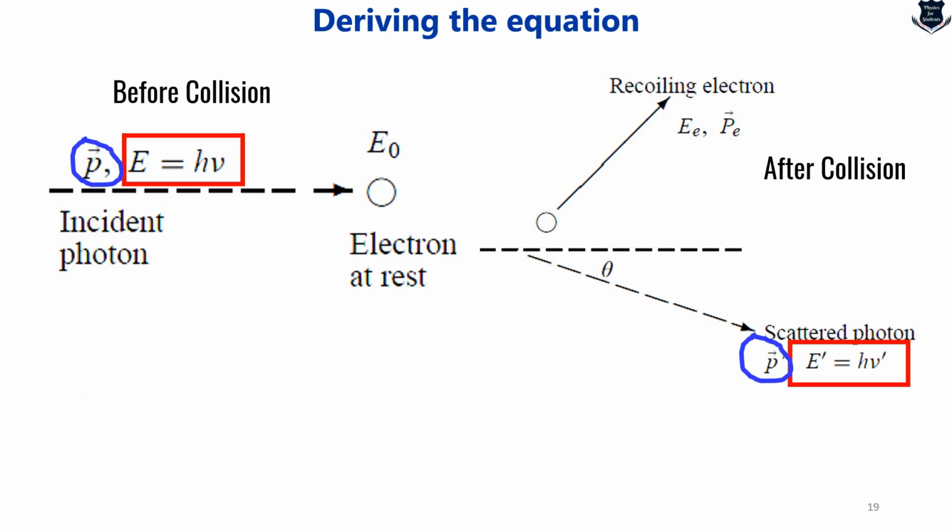Here you can see the PE on the top right, which is the electron recoiling with a momentum, and it conserves the linear momentum.